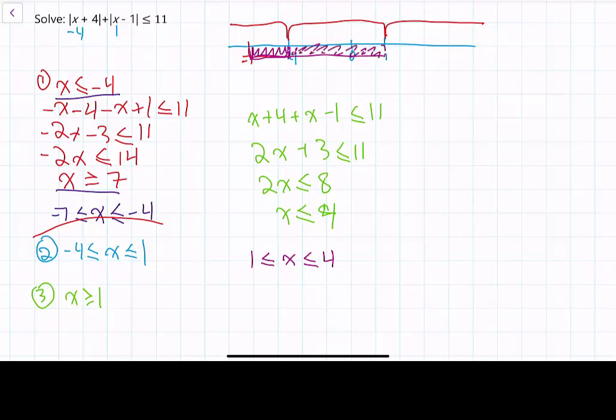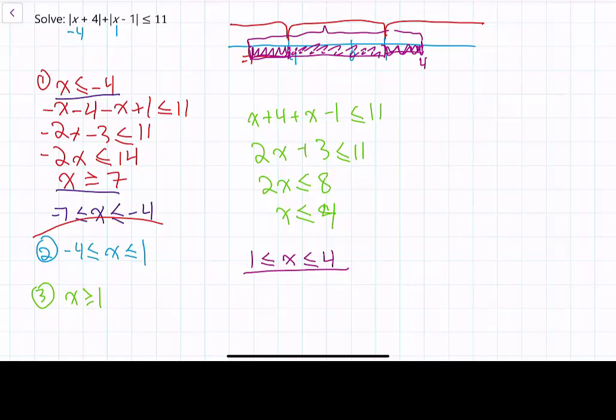And for the third solution, we have x is in between 1 and 4. As you can see, this entire shaded magenta area is the range of the value of x. And since they are all connected, we can turn this into a union of all of these ranges.